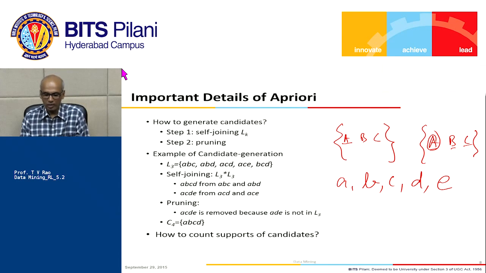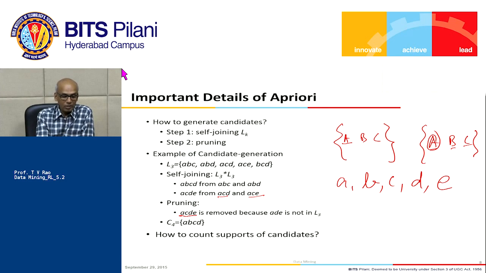One option is that we can go to the database, scan, and then prune. But it is possible that using the Apriori principle we can prune something. For example, take the 4-item set ACDE, which comes from joining ACD and ACE. Now we want to know whether it is going to be a frequent item set.